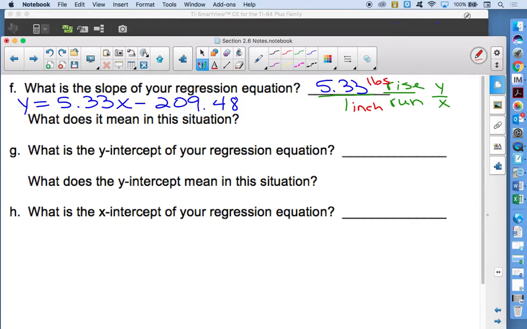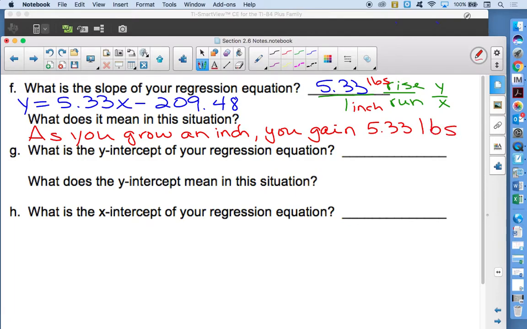So as you grow an inch, you're gaining 5.33 pounds. However you can write that sentence so that it represents the numbers in the problem and makes sense to you is fine. So you could say, as you grow an inch, you gain 5.33 pounds, or every inch, you gain 5.33 pounds.